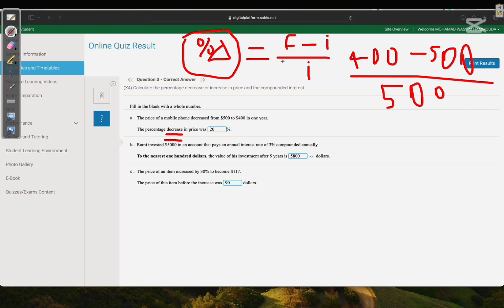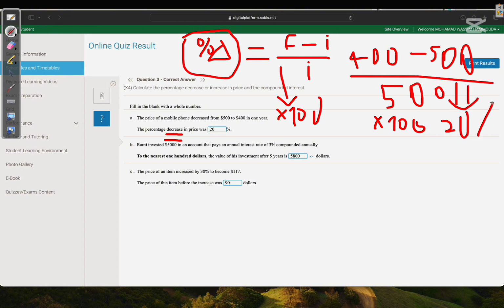I forgot to mention that it's this times 100. So here as well, times 100, and it will give us 20%. Okay.